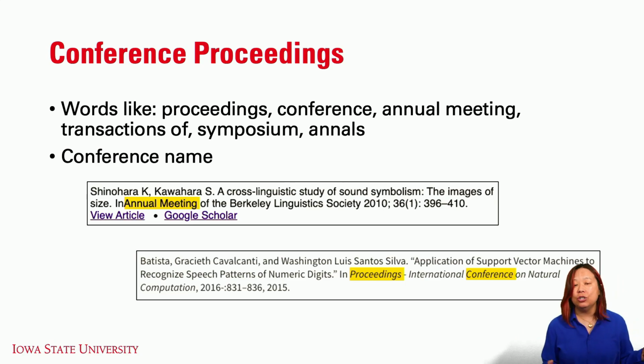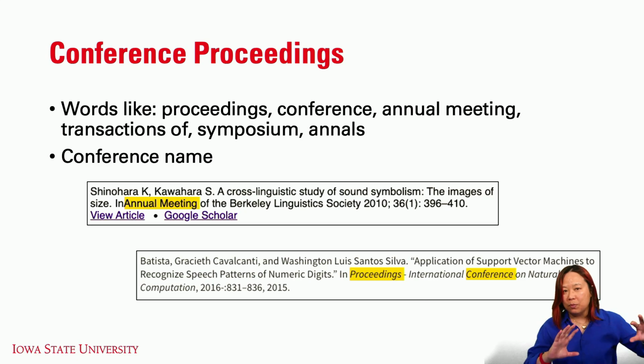Conference proceedings are usually a record of that meeting. Sometimes presenters will create a paper for it, sometimes it's notes from the paper, sometimes it's summaries from people who attended the meeting. Whatever it is, the conference proceedings are a record of what happened in the meeting, okay?